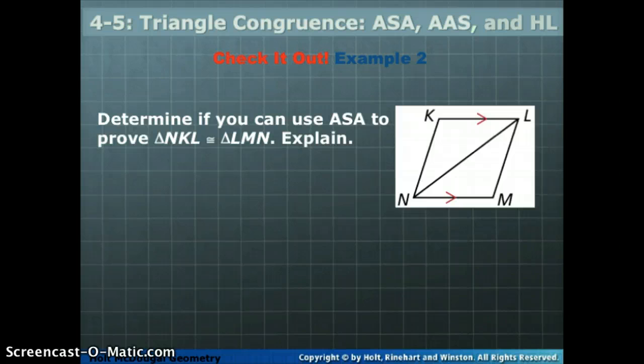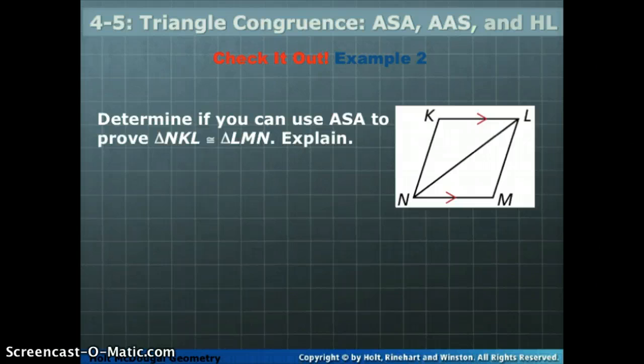It says, determine if we can use angle, side, angle to prove triangle NKL, this top one, congruent to LMN, the bottom one. Well, the only information we're given is that they have a set of parallel lines. A couple of times we've talked about how, if we are given parallel lines, there are certain things we want to look for. We want to look for a transversal.